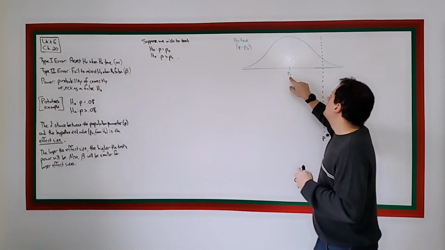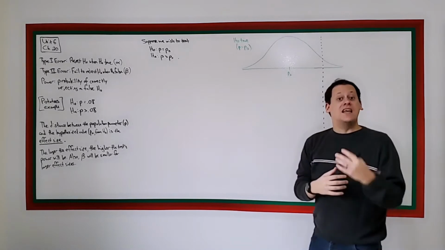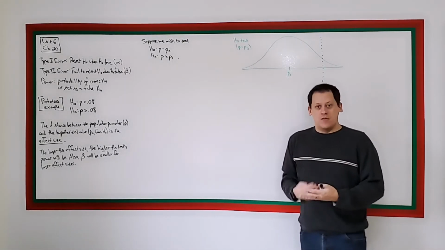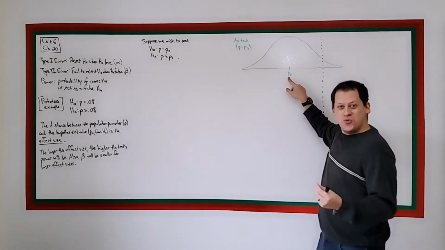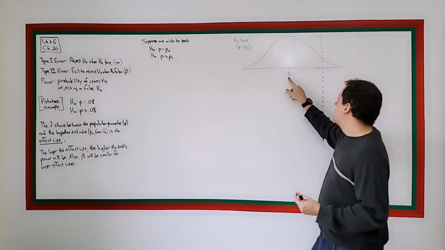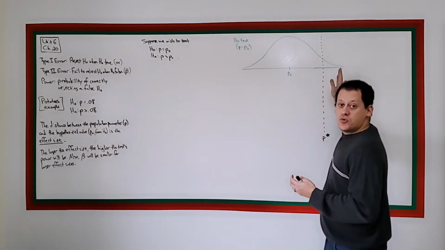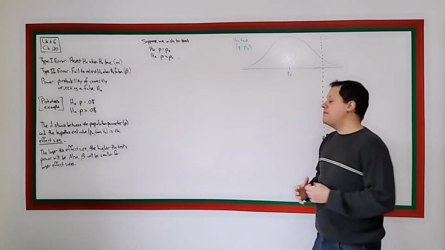Now, this curve represents all the different samples you could get. What are all the different P hats you could get from a sample if this is the true population proportion? Sometimes you'll get sample proportions down here. Sometimes you'll get sample proportions up here. Okay?